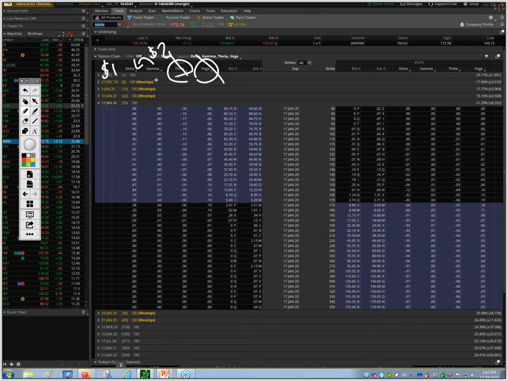The first dollar move on this one, let's just look at the 180 calls. First dollar move, our delta is saying it's 20, right? So on that dollar number one, our premiums are going to increase to, if we go middle of the road, say it's $1. Just for math purposes, let's just say we're looking at $1.